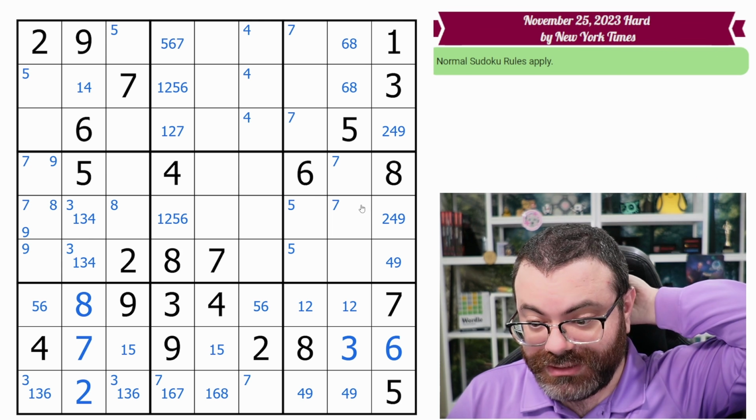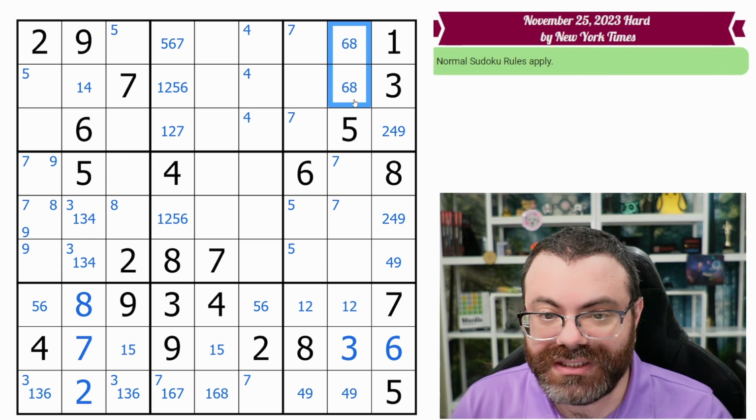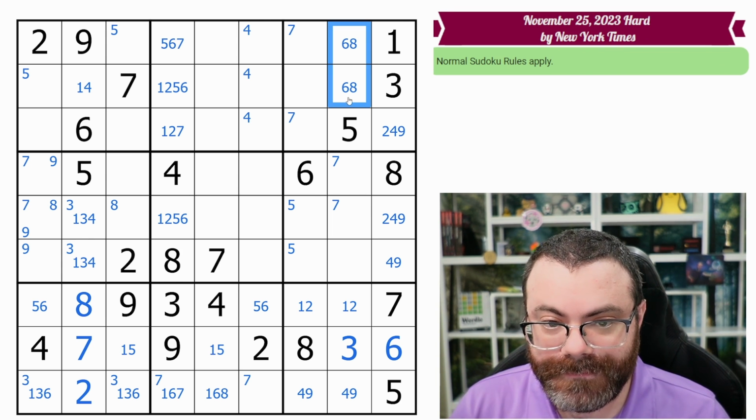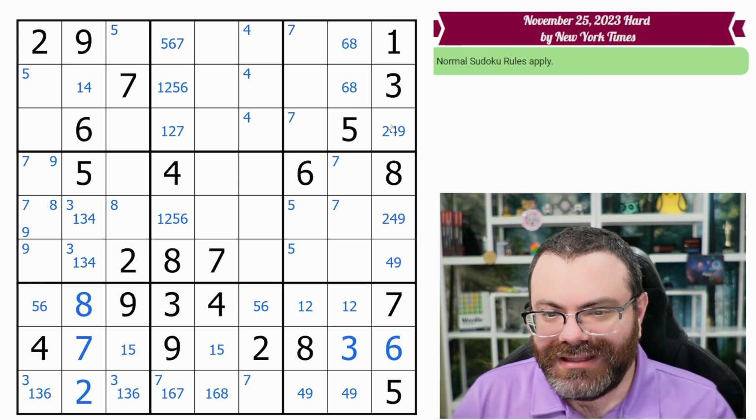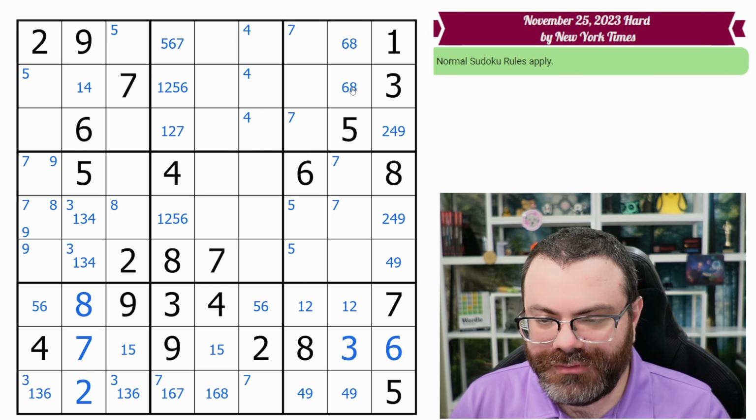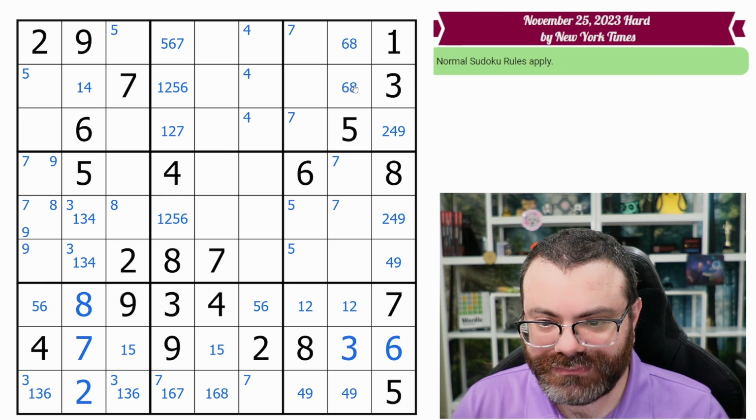This is a strange puzzle, isn't it? Okay, this 6, 8 must have done something. I just have to find it. Let's see, it removed some 2s from these cells. It removed some 4s from these cells. Seven and 9.